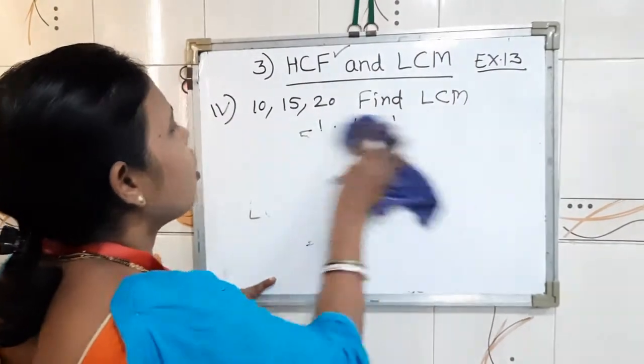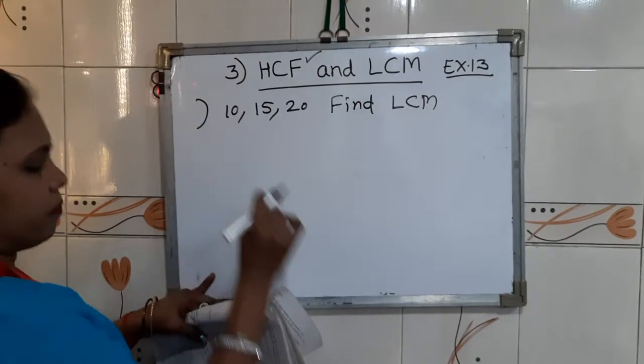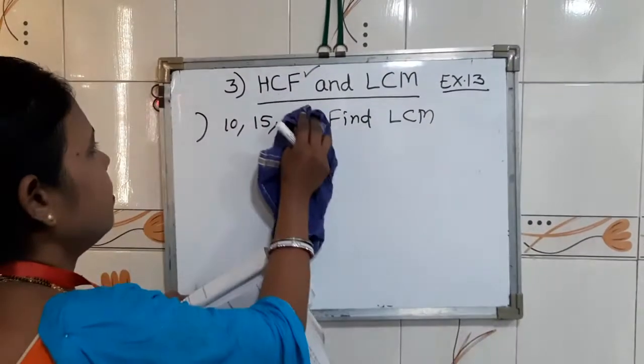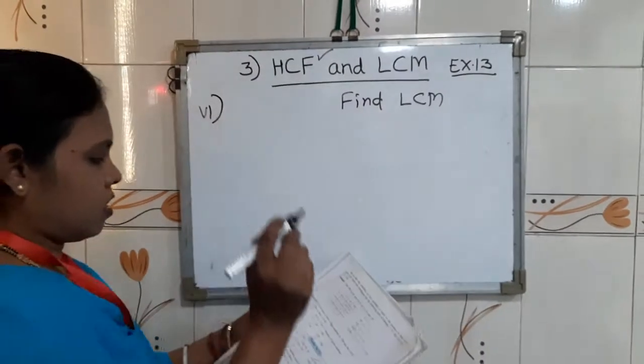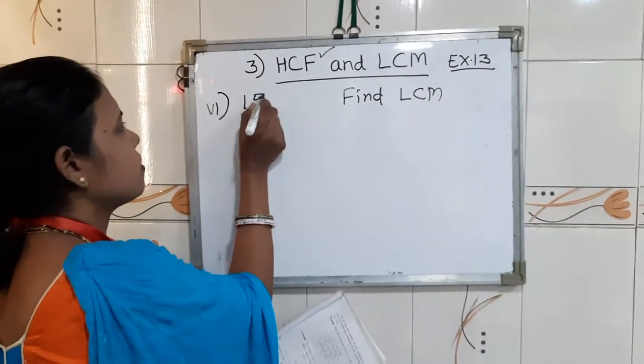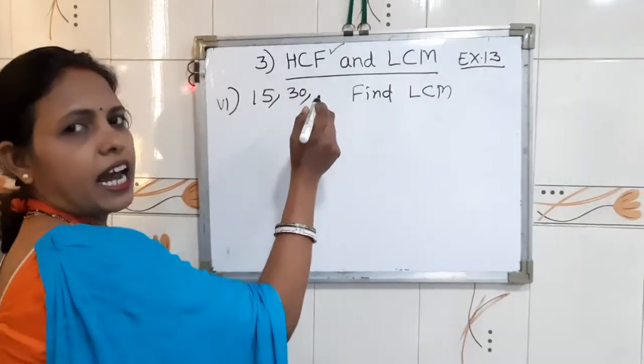Then we will solve the sixth one. The question given in the sixth one is 15, 30 and 90.